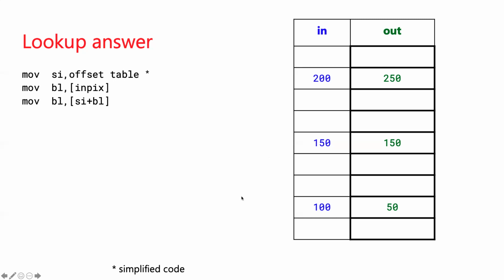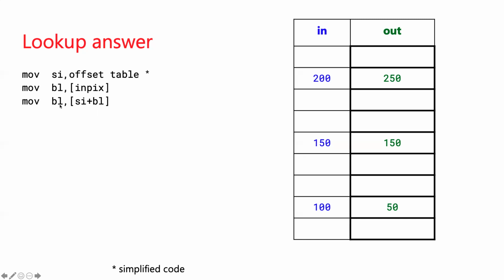Well, we could go get the intensity of that pixel and copy it to BL. That's the low part of the B register. And then we could use an indirect addressing mode to say, and my picture doesn't show this, but you could imagine SI pointing to the start of this table. And then you want to add BL to that. If every entry of the table was 1 byte, that would index into the line of the table based on the intensity of the pixel. And we could just copy that into the new intensity of the pixel.